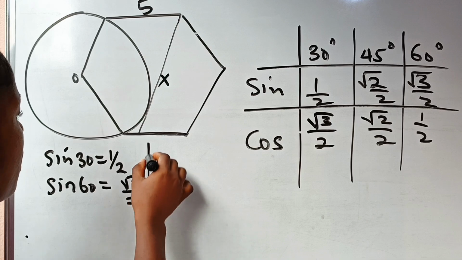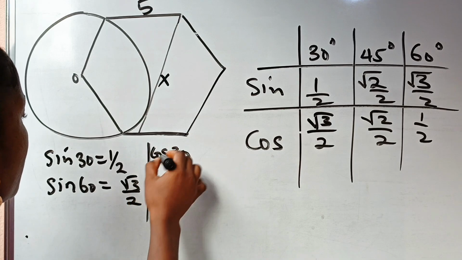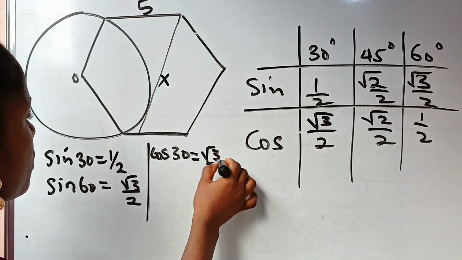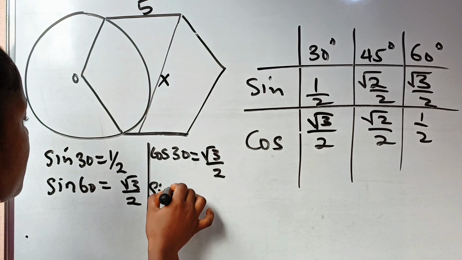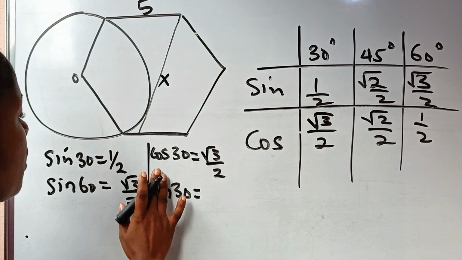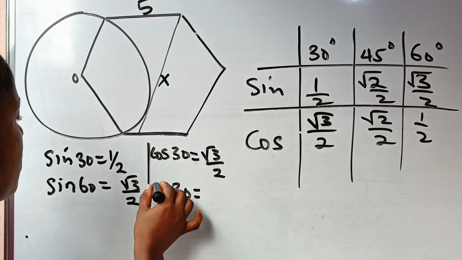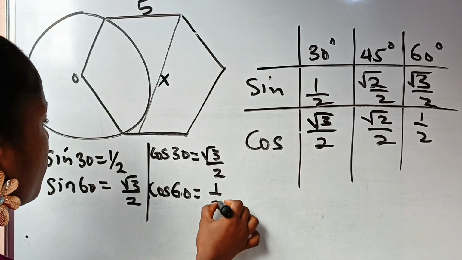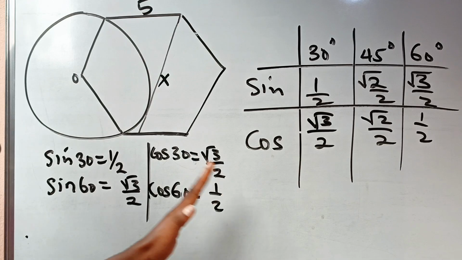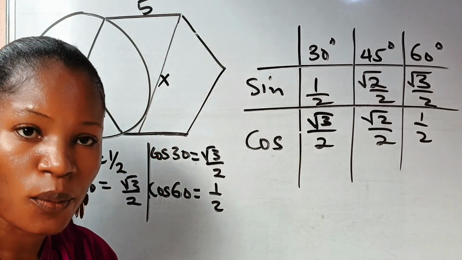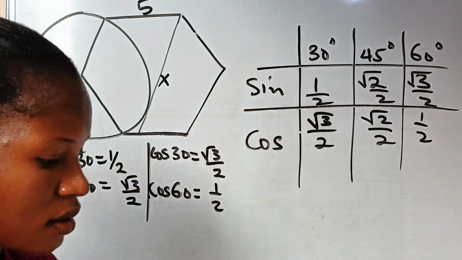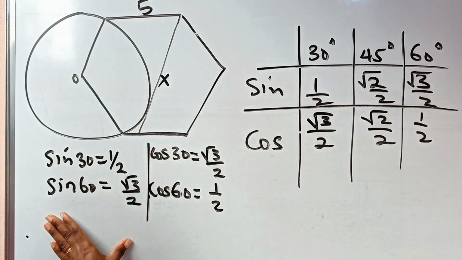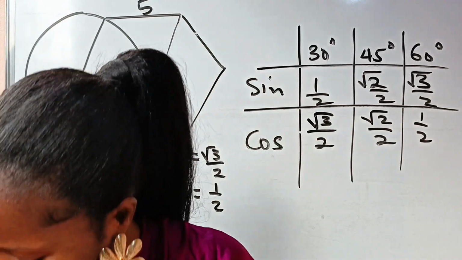Similarly, cos 30 is root 3 over 2, and cos 60 is half. So they interchange. Now having written that, I can clean this so that anytime I need this, I'm picking it straight from this place. Like I said, I don't retain some memories.